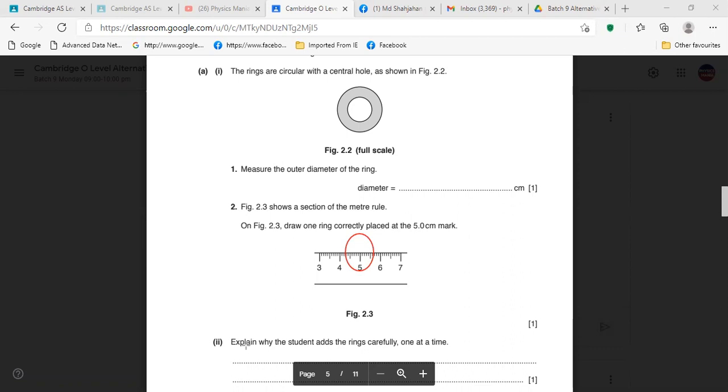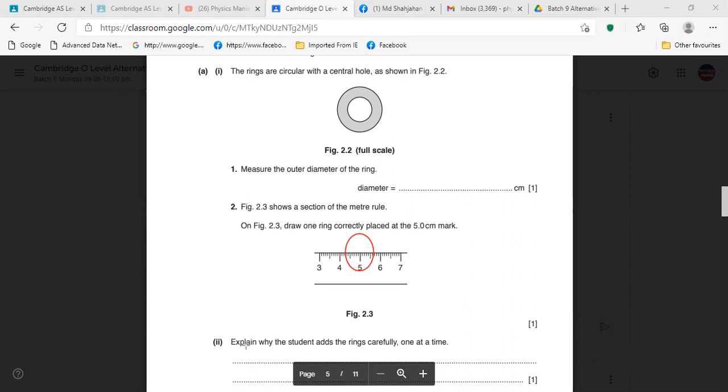Karim, explain why the student adds the ring carefully one at a time. Why is he adding the rings carefully, one at a time?